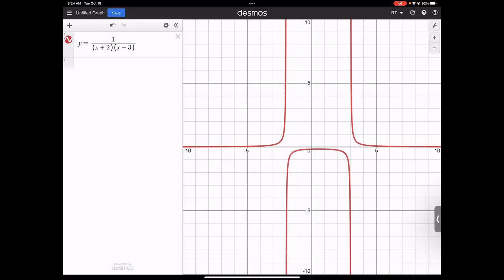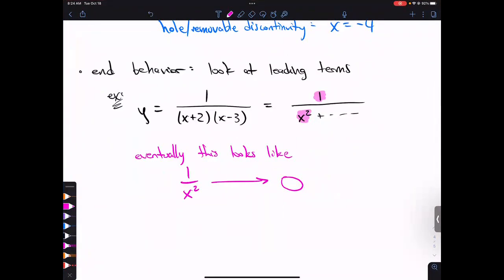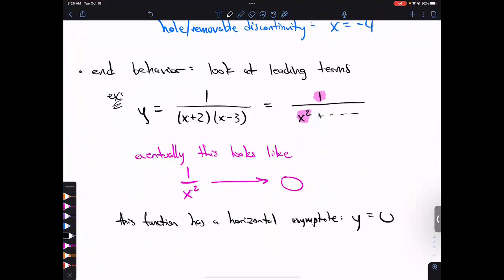So this has a horizontal asymptote at y equals 0. Okay, make some kind of sense so far? Does anybody have any questions about things?